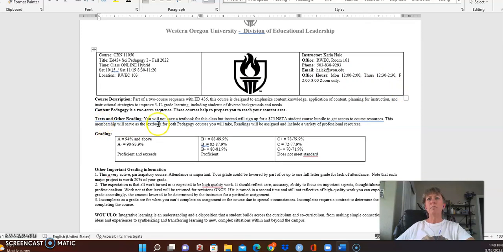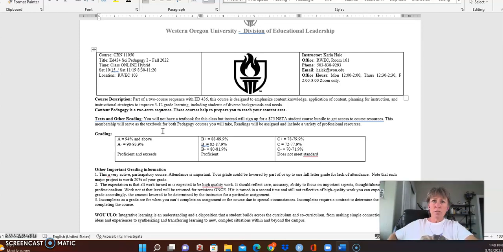Important things for our textbook this term: you're actually not going to get a traditional textbook. You're going to sign up for an NSTA, which stands for the National Science Teachers Association, membership and course bundle, which will give you access to many of the paid services on NSTA, and we will use those resources in our work over both this term and the course that you will take winter term.